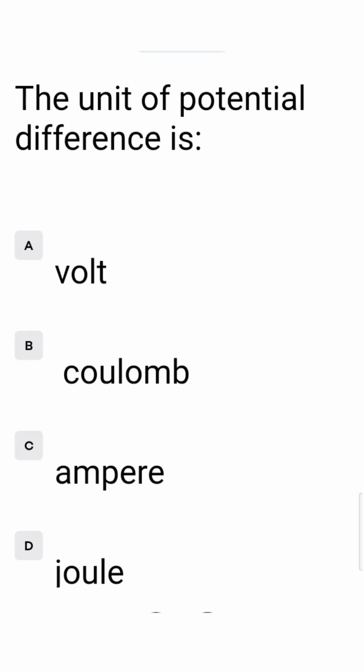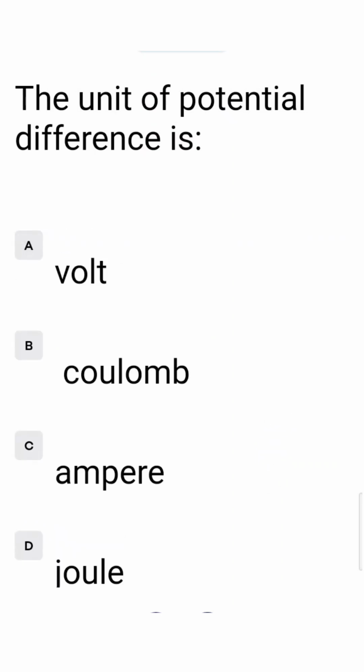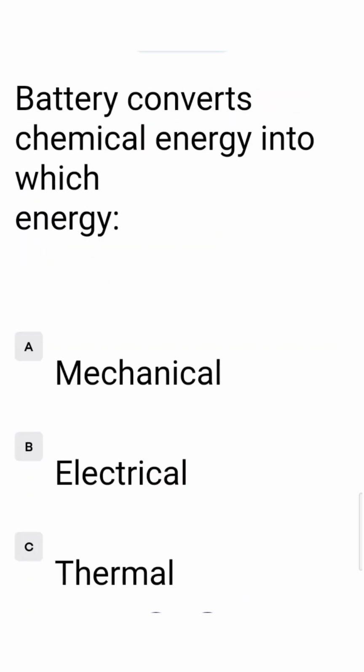The unit of potential difference is: option A volt, option B coulomb, option C ampere, option D joule. The correct answer is volt, that is written in option A. So we tick at option A. Battery converts chemical energy into which energy?